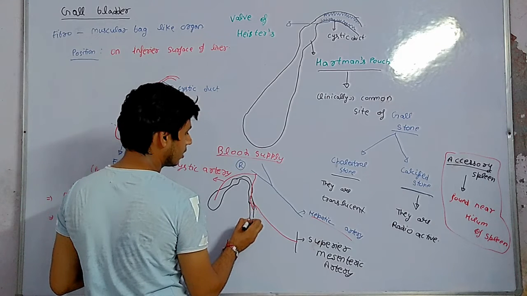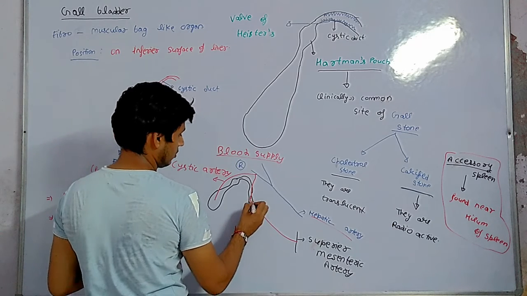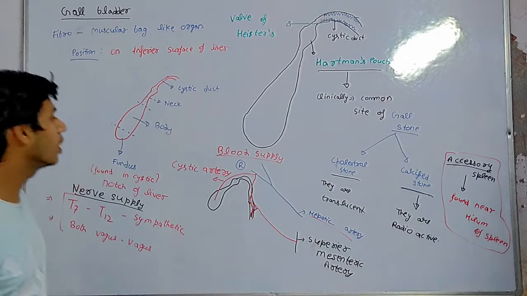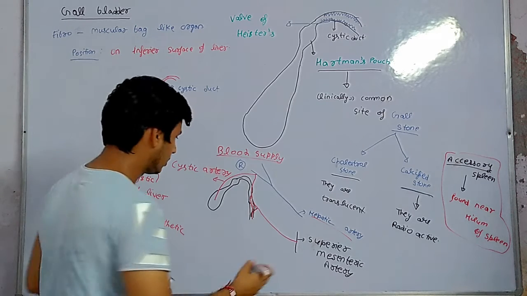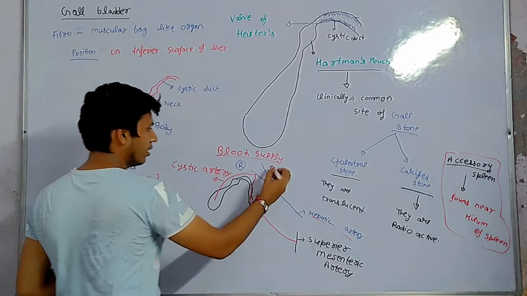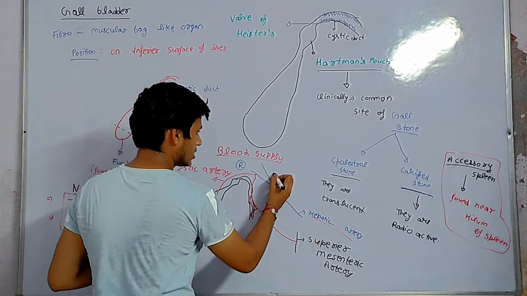Let's say this is the cystic duct. So these branches supply it. Done. This is the blood supply of the gallbladder, cystic artery and cystic duct. This is arterial.